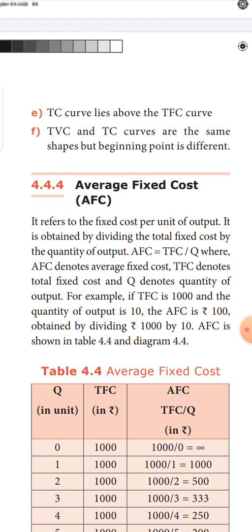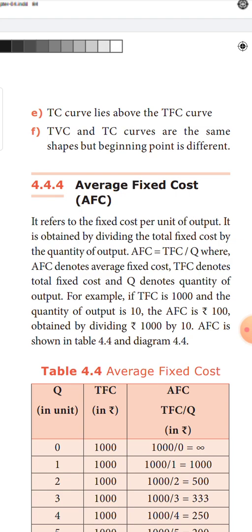Next is the concept called average fixed cost. All of us might have learnt about averages in our lower classes. How to find the average when some data is given? All of us know, because you are getting your marks. Six subjects' marks, how do you arrive at the average? You add all the marks of the 6 subjects and divide by 6.